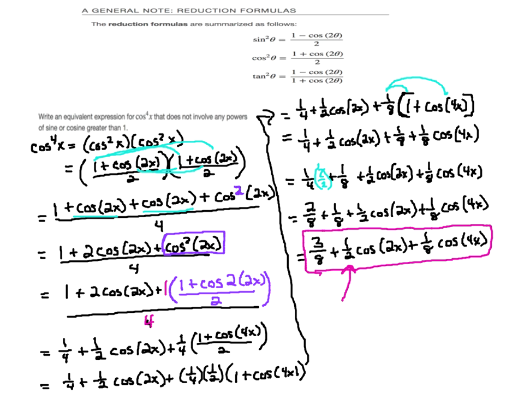So you'd have to multiply that by 4/4 to be able to write all that over the common denominator of 8. This is how the book left it, but it certainly should not count it wrong if you did modify that to all have a denominator of 8. That's a good question, though.